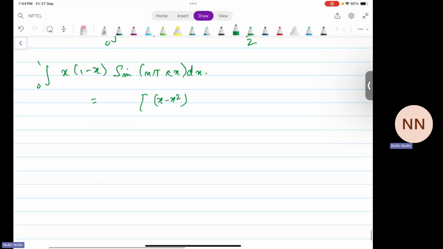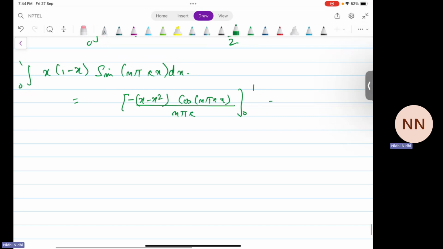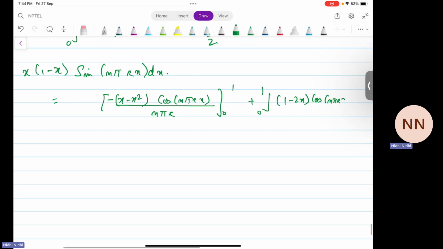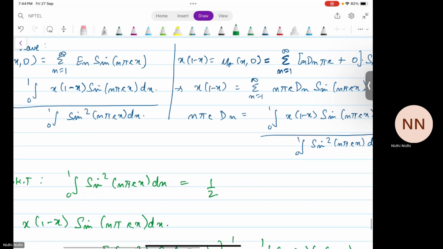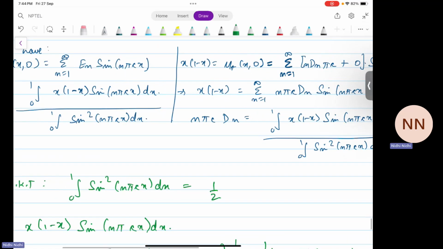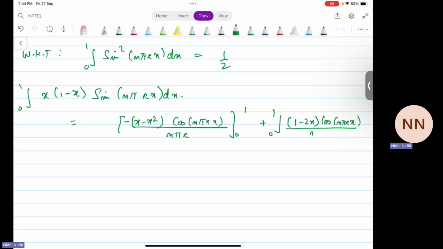Integration of sine is minus cos n pi cx by n pi c from 0 to 1, minus integration 0 to 1 of the derivative of x minus x square, which is 1 minus 2x, times minus cos n pi cx by n pi c dx.